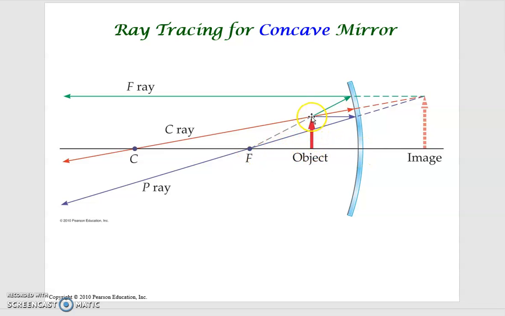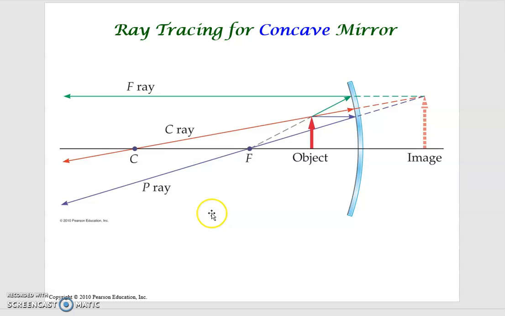Let's draw the lines first, the P ray. The P ray will be parallel to the axis first, and after being reflected, it passes through the focal point. And now the F ray will be reflected and be parallel. And you will find out the real F ray and P ray don't intersect here.